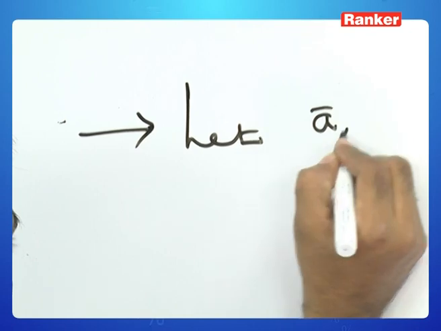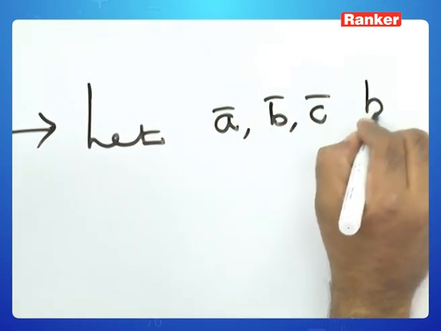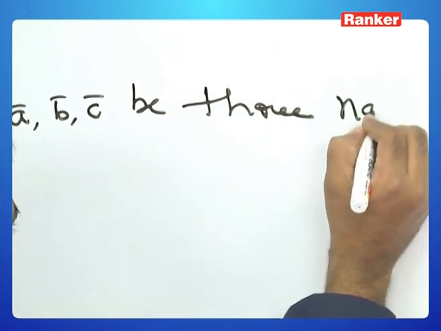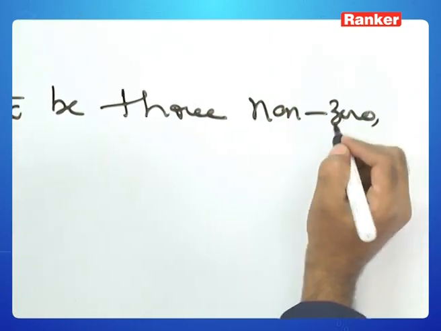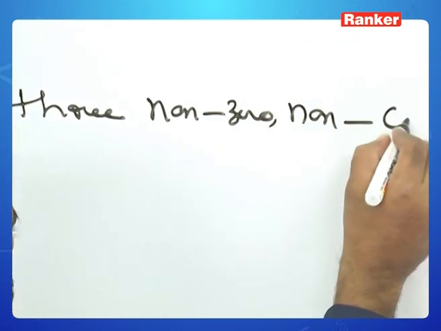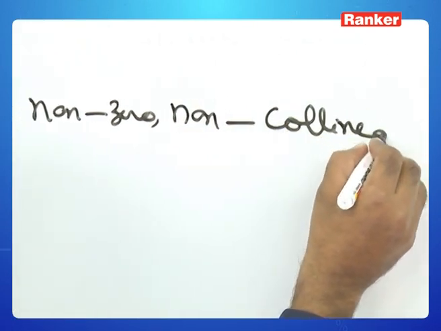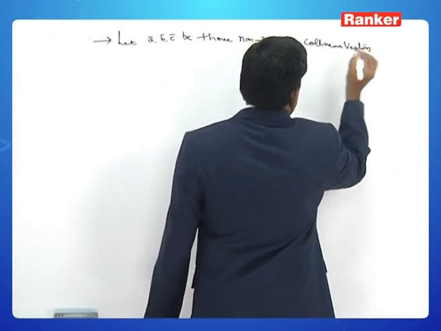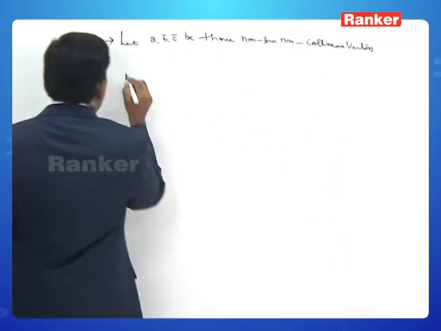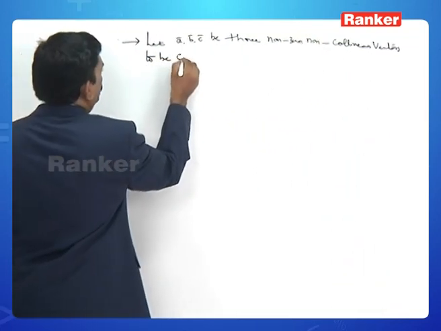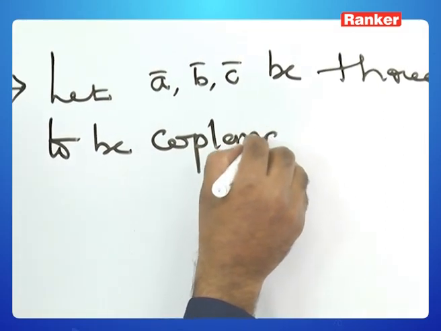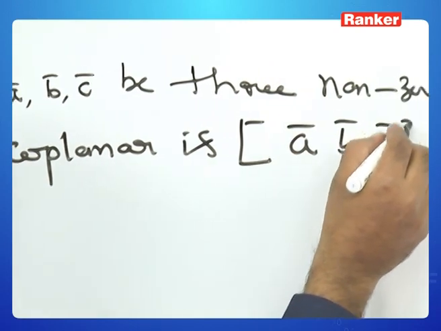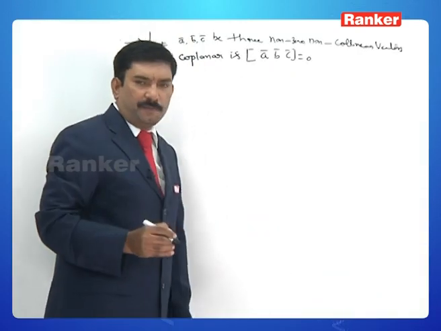Let A bar, B bar, C bar be three non-zero, non-collinear vectors to be coplanar is box of A bar, B bar, C bar is equal to 0.